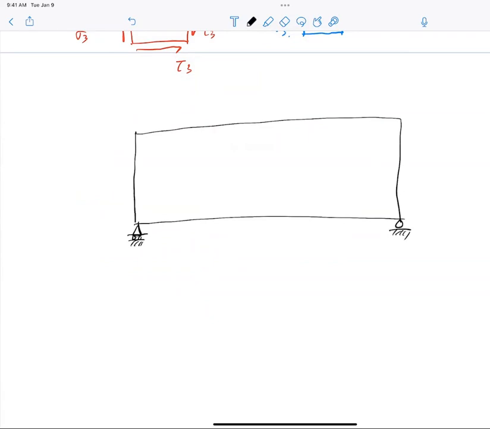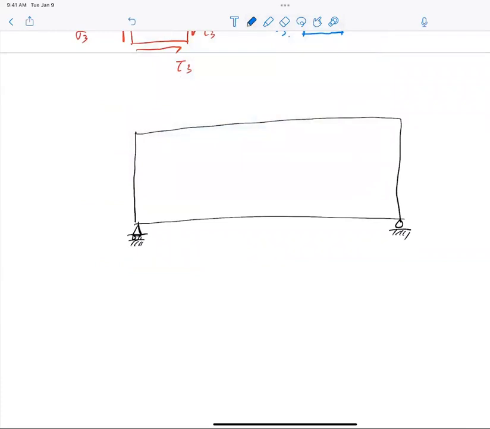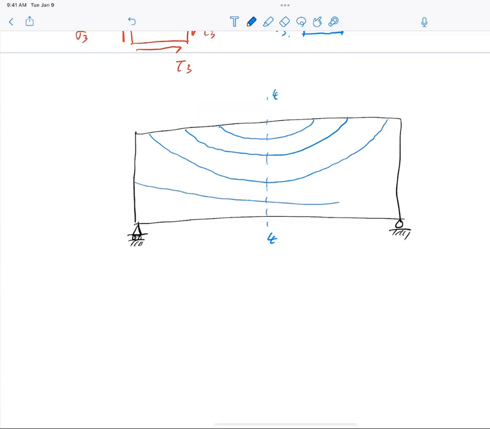Essentially, I will see that the trajectory of the principal stresses follows this type of line, with this being the center line. And knowing that I have tensile stresses like this, and tensile stresses like this, gotta be symmetric.